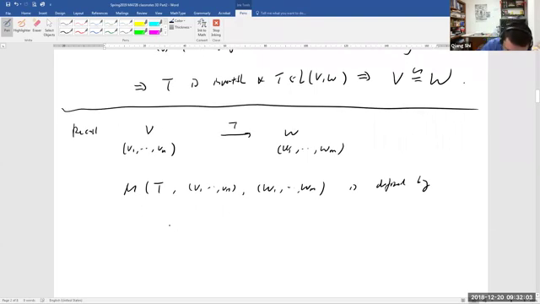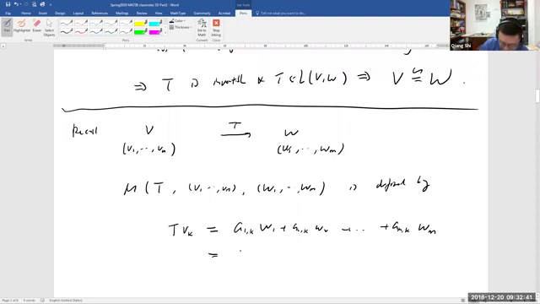How do we define each entry? Let's look at T acting on any V sub k, from V1, V2, to Vn. T takes that to a vector in W, and any vector in W can be written as a linear combination of W1, W2, up to Wm. So this is A1k W1, plus A2k W2, and so on, plus Amk Wm.